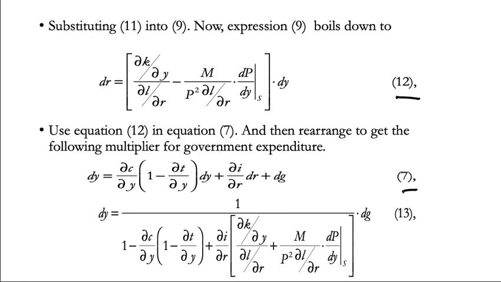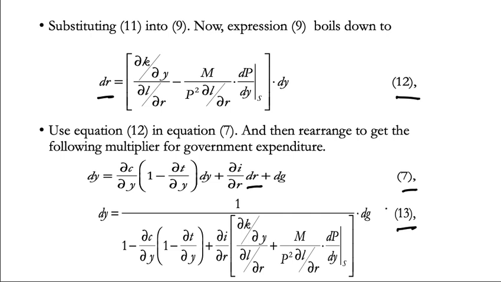In particular, we can see dr in equation 7. So we need to substitute this dr with dr in equation 12. Once we substitute it, rearrange it until we get 13 here. The calculus, you have to do it on your own.